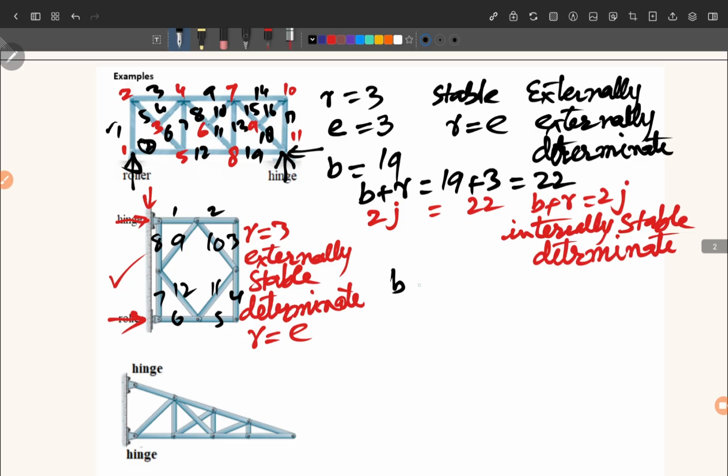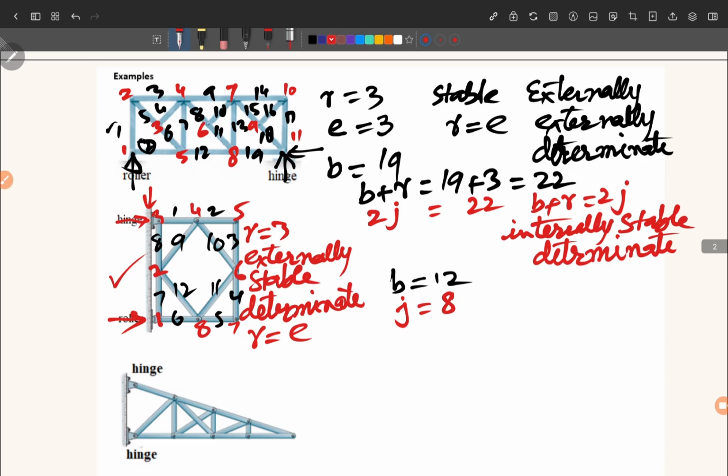So we write here B equal to 12. Now how many joints? Okay, joints I will count with red. This is joint number 1, joint number 2, joint number 3, 4, 5, 6, 7 and 8. So joints equal to 8.